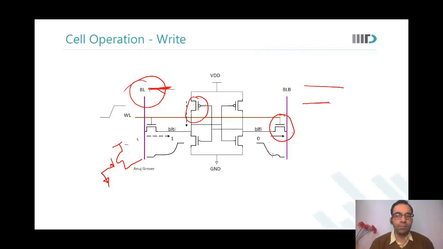Sir, you said either bitline or bitline bar should be 0. So how are we deciding which one should be 0? See, suppose the user wants to write a data 1. I as a designer can decide that when the user wants to write data 1, whether BL will go to 0 or BLB would go to 0. All that I need to do is that during write, I said for 1, BL had to go to 0.